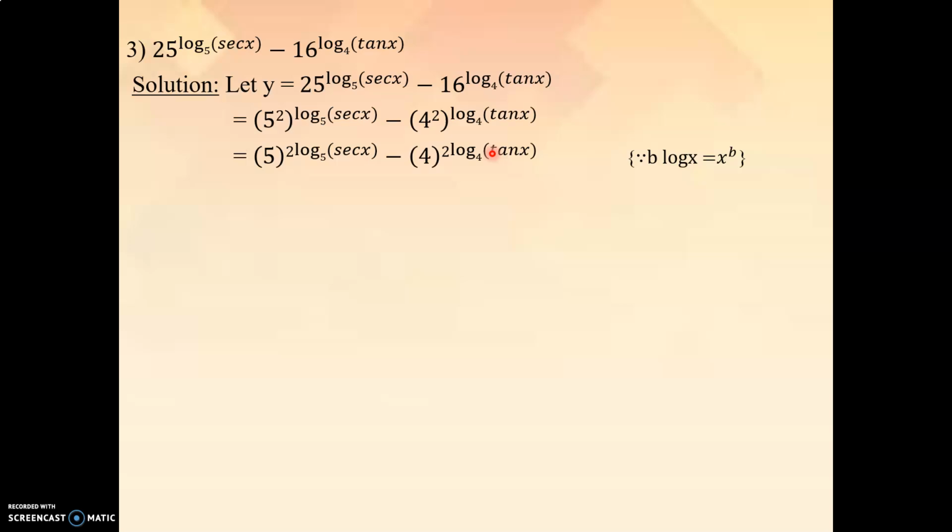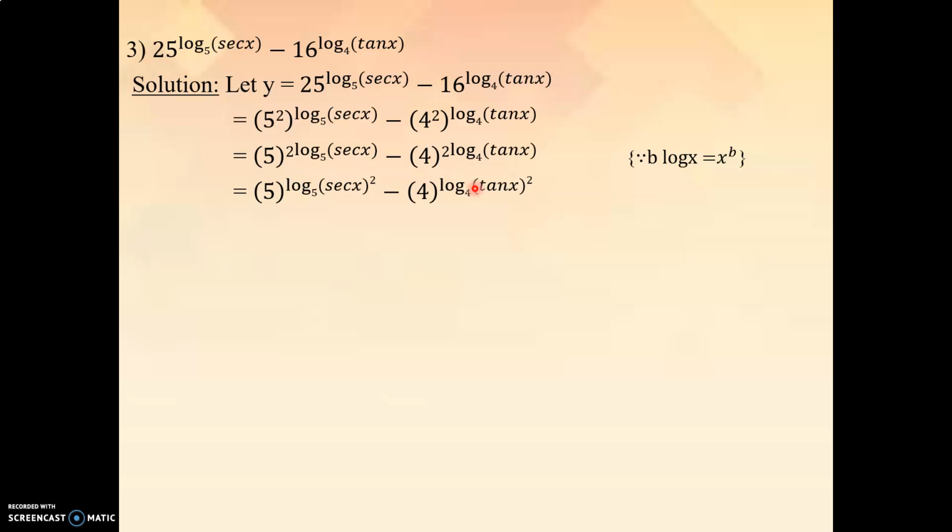to the base 4. Now by using the law of logarithm, b log x can be written as log x raised to b. So we will change this function to 5 raised to log (sec x) whole square to the base 5, minus 4 raised to log (tan x) whole square to the base 4. This 2 will become the power, by the law of exponents.